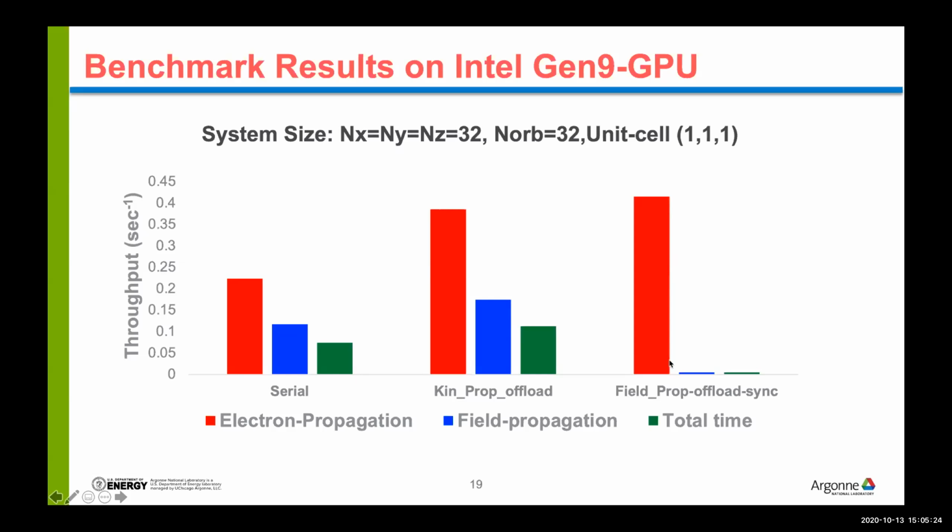One key thing to observe is that since the synchronization construct in the field propagation has extra overhead, this has a very high time. It has a very low throughput.